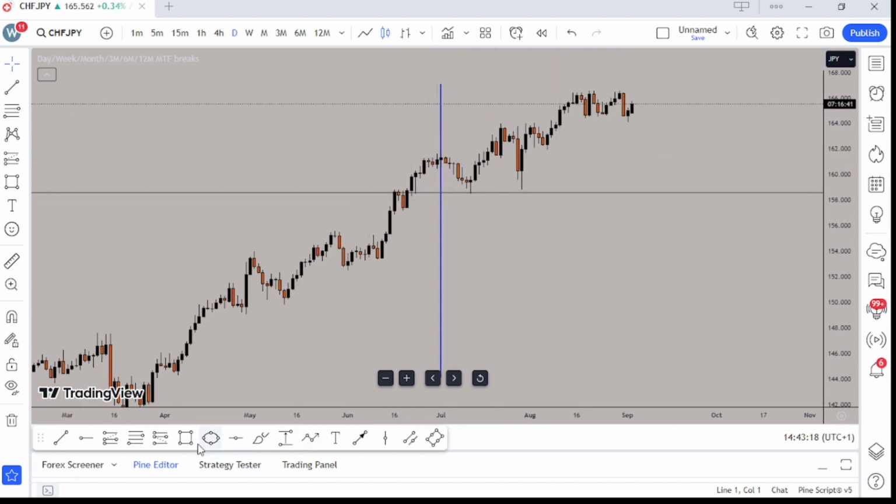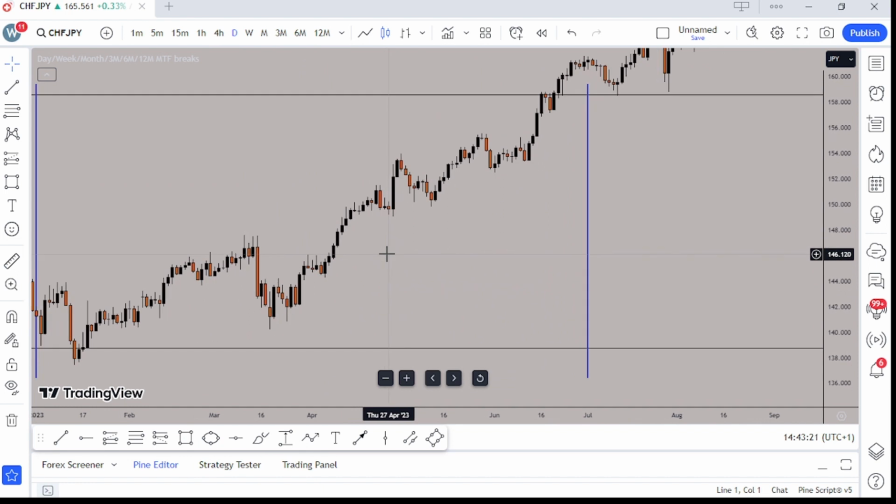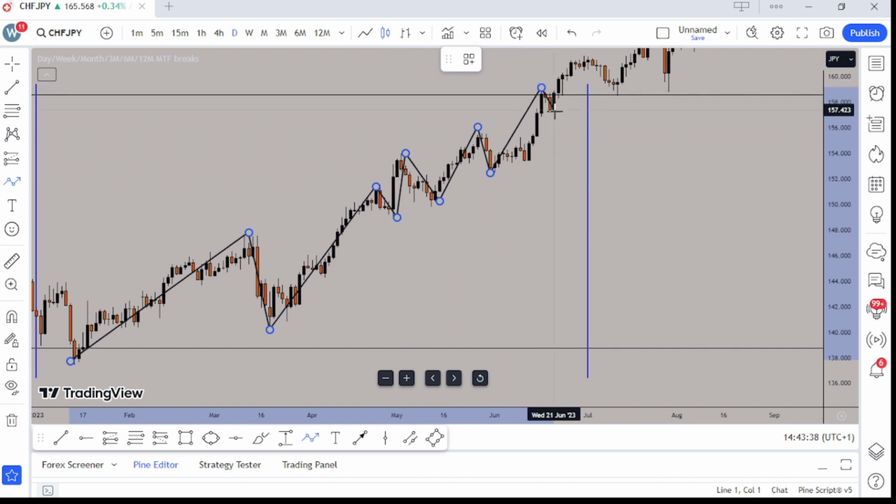Now the low, like we did before, a low, a high, a lower high, a higher high, a lower high, a higher high, a lower high, and a higher high.